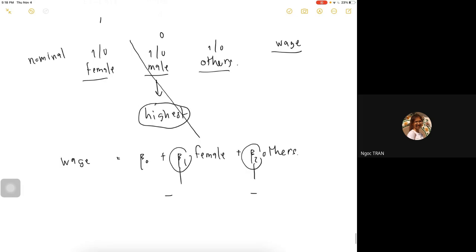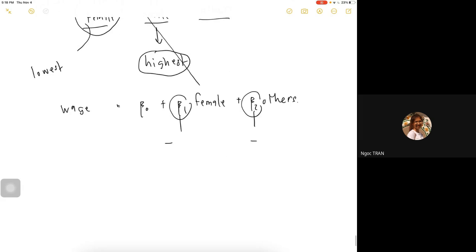Or maybe if you think that female will get the lowest weight, the way you are trying to omit one variable out of your model, you have to think about the highest one or the lowest one. I think it would be easier for all of you to interpret your coefficients.